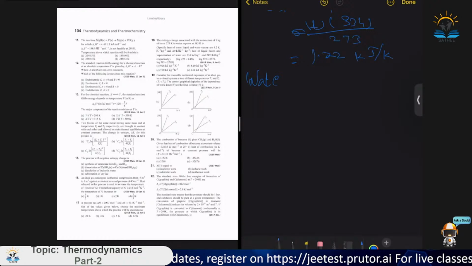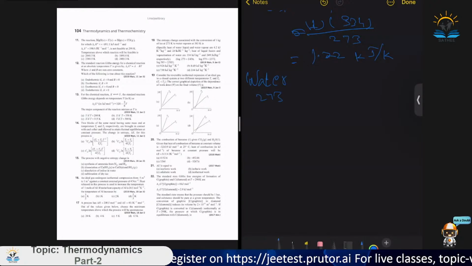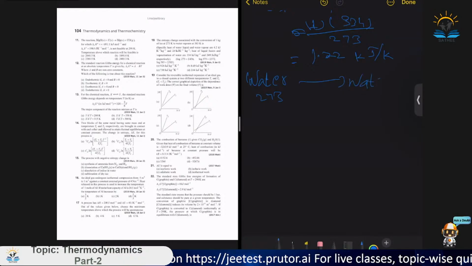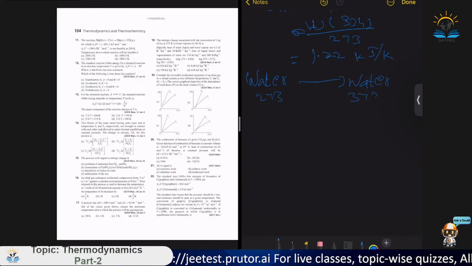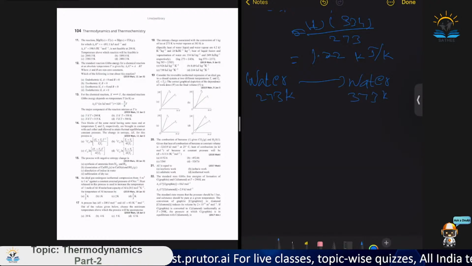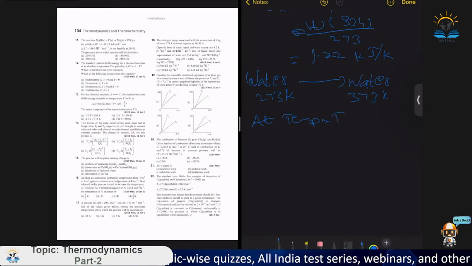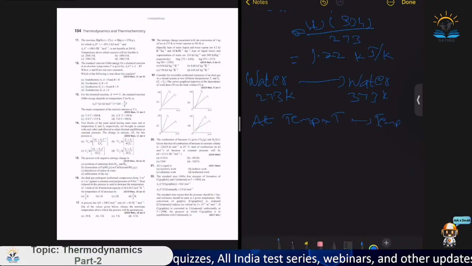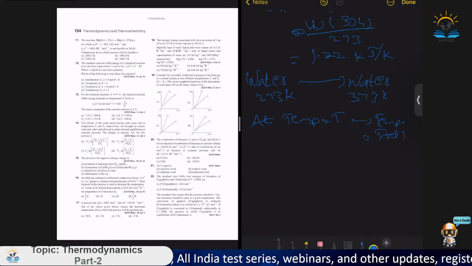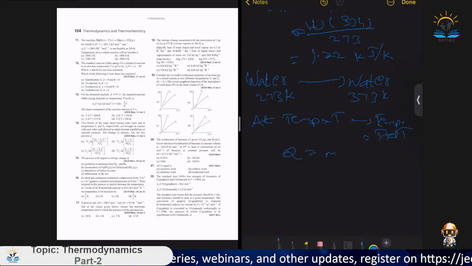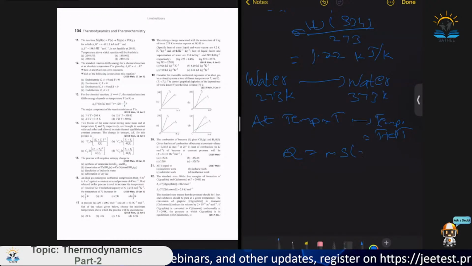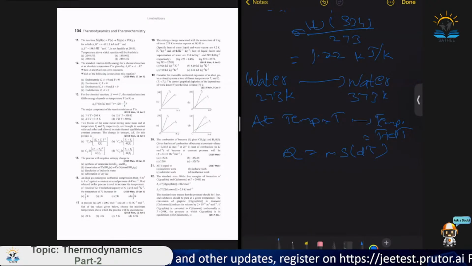Water at 273 to water at 373 Kelvin. It is not a constant temperature process, so let me take a small change. At some temperature equal to T to temperature equal to T plus dt. The heat you need is ms into T plus dt minus T, so ms dt.